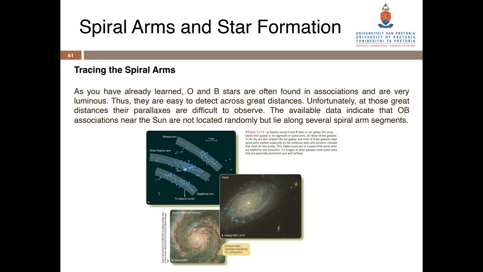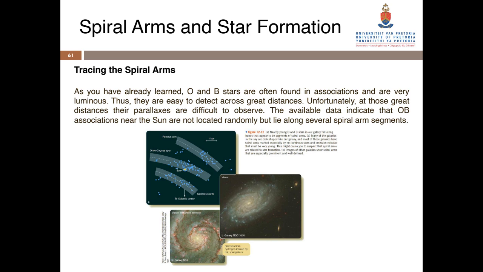As you have already learned, O and B stars are often found in associations and are very luminous. Thus, they are easy to detect across great distances. Unfortunately, at those great distances, the parallaxes are difficult to observe. The available data indicate that OB associations near the Sun are not located randomly, but lie along several spiral arm segments.